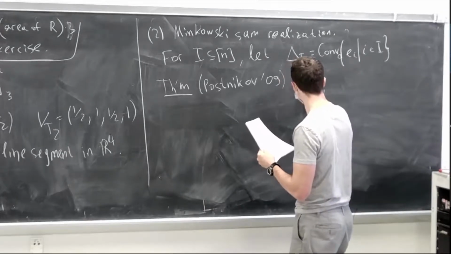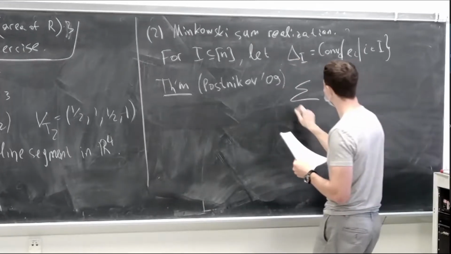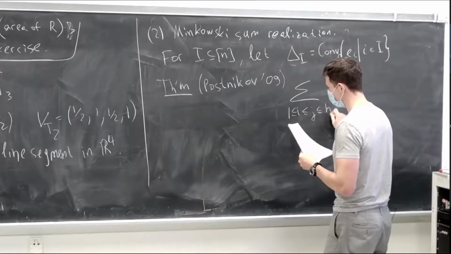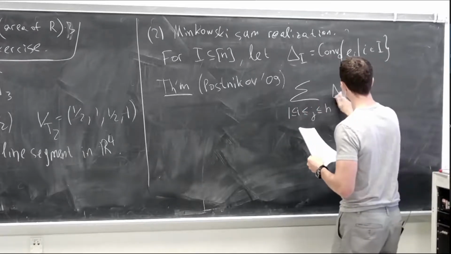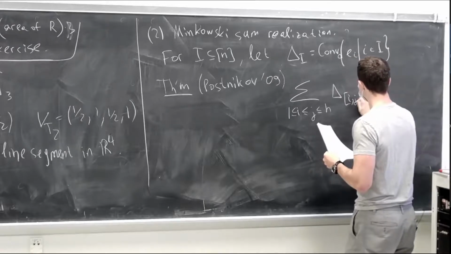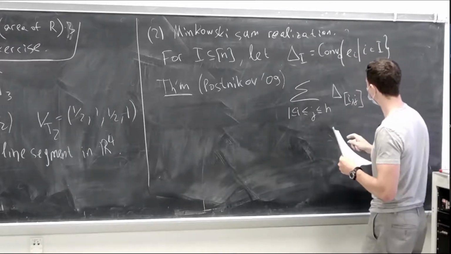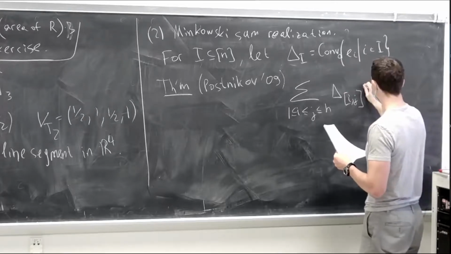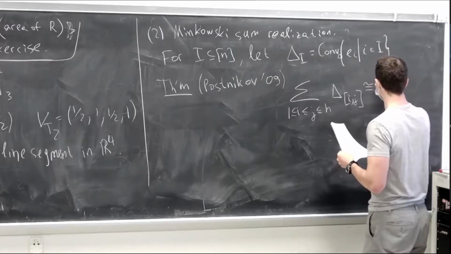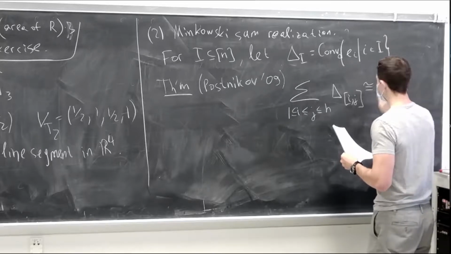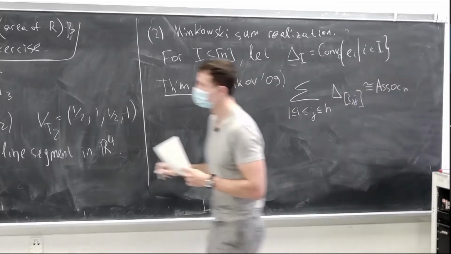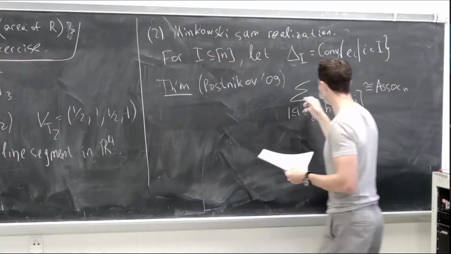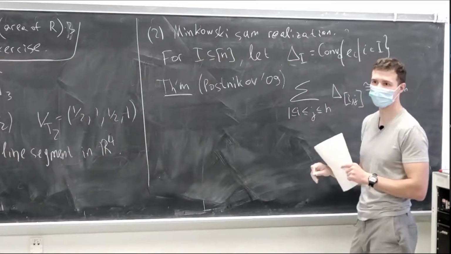And the claim is that if you take the Minkowski sum over i and j between 1 and n, i less than j, of the corresponding faces of the simplex, so I'm taking all intervals, basically, then what I get is combinatorially equivalent to the associahedron.